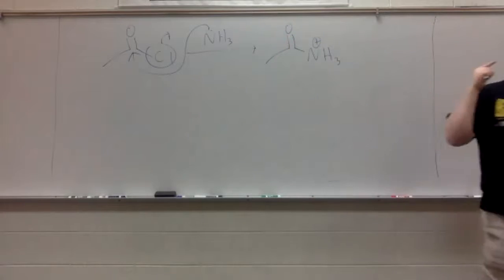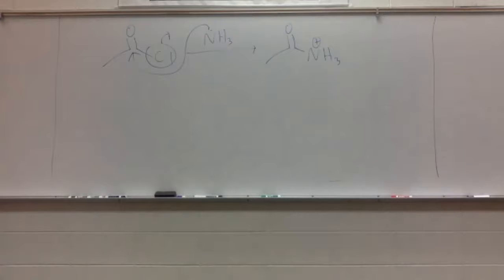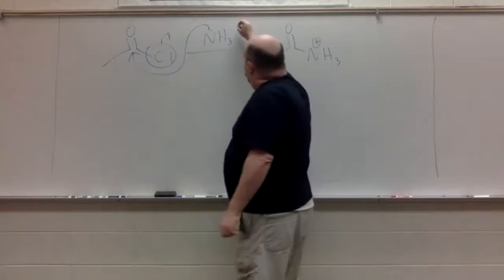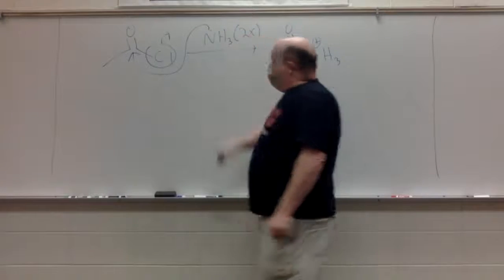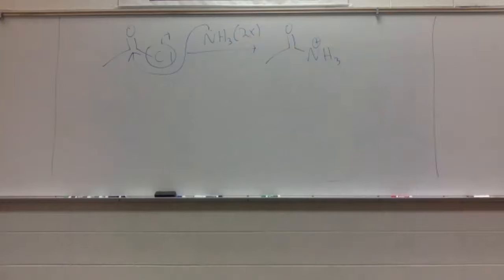Now, there is one difference between this type of reaction and the last two. In the last two, we used pyridine as a weak base to deprotonate. We actually don't have to add any pyridine here. We just have to make sure that we add 2 equivalents of NH3 because NH3 itself is a weak base, just as good as pyridine.